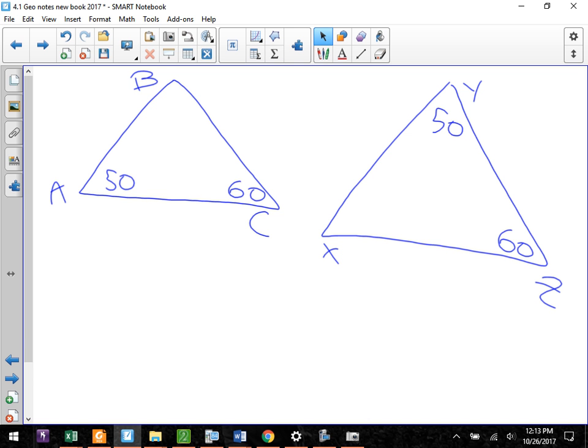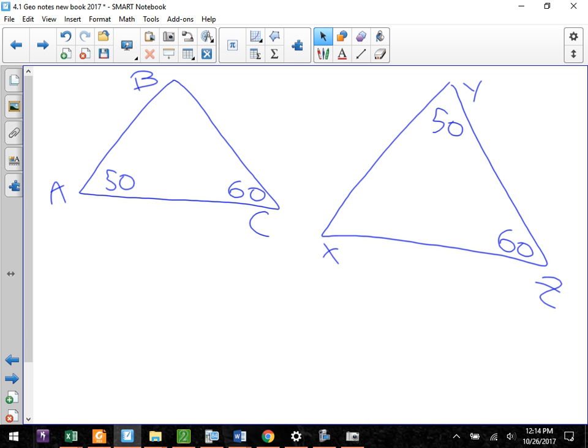Now, this is back to the normal stuff here. I don't think I'm going to add any more to the progression stuff today. There really isn't much left to get to. But one thing I do want to look at is we all know how many degrees are inside of a triangle, right? There's 180 of them in there.